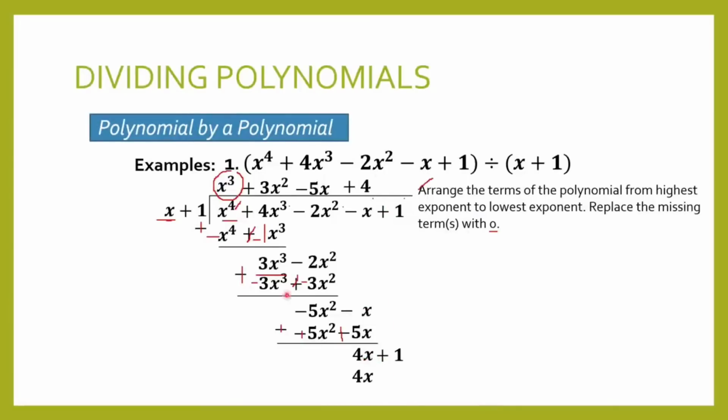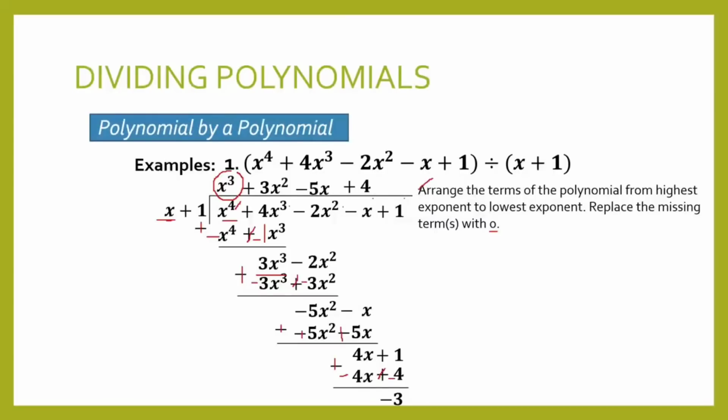Then we divide 4x by x. The result is positive 4. Then we multiply. 4 times x is equal to 4x, and 4 times 1 is equal to 4. So we subtract, following the same process. So this will be addition, negative, and this will be negative.